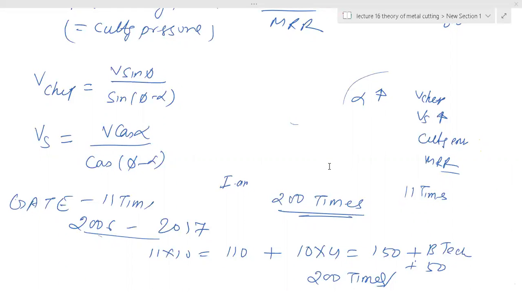When you forget, you look at the formulas pasted on your wall. It is very easy. Otherwise, make a file of formulas, and on each page write the formulas of each chapter, like forming all formulas, machining all formulas, welding all formulas, casting all formulas, and keep that file always with you. So you will always remember those formulas.